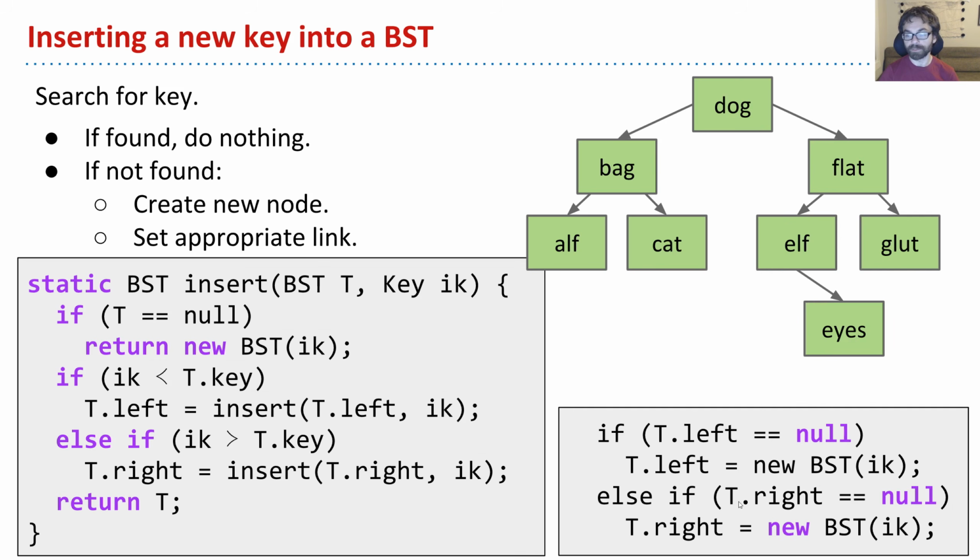Otherwise, if t.right is null, then say t.right equals new binary search tree. So you could write code like that, but that is a really bad rookie mistake. It leads to more complicated code, and it's just not as beautiful and elegant and as efficient as the nice way. We have to learn how to think like this in order for it to work.